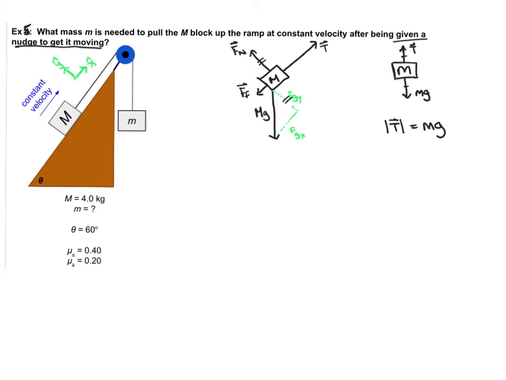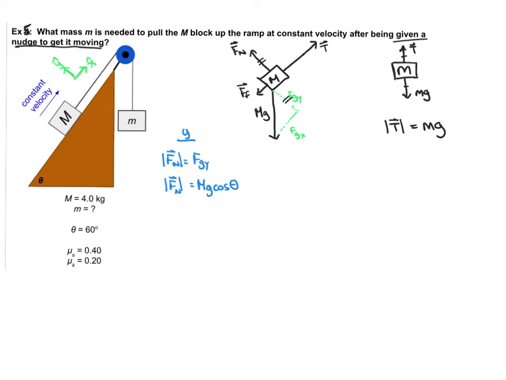First of all, the normal force is equal to F_Gy, which equals Mg cos theta. So that's a ramp concept there, the y component of gravity, Mg cos theta. So that's in the y direction.